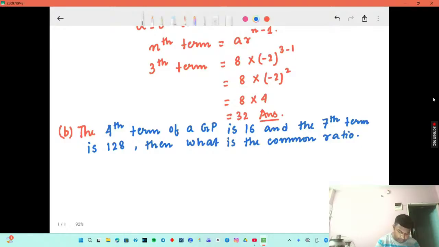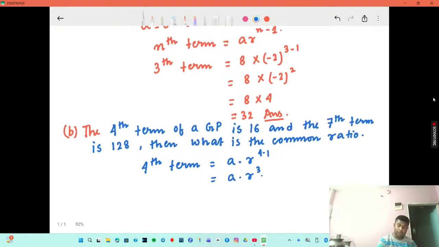So what is the fourth term? Fourth term is equal to a into r to the power 4 minus 1, that is a into r to the power 3. Is it clear to you? Because the formula of nth term is a r to the power n minus 1. So by just putting 4 in place of n, we get a into r cube, which is equal to 16, and it is given in the question.